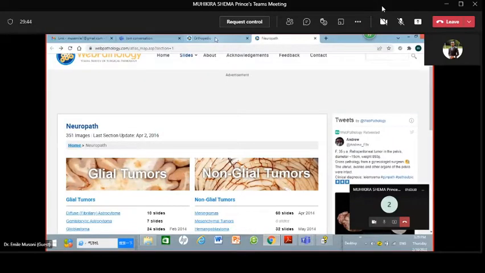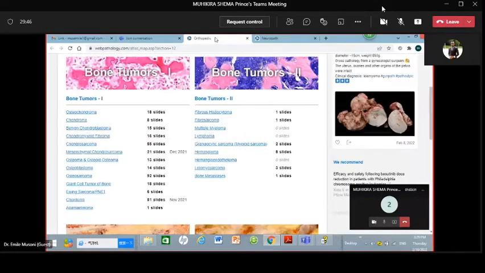Let us see the images on the website. You see bone tumors: osteochondroma, chondroma, chondromyxoid fibroma, osteoblastoma, osteosarcoma, chordoma, adamantinoma, fibrous dysplasia.